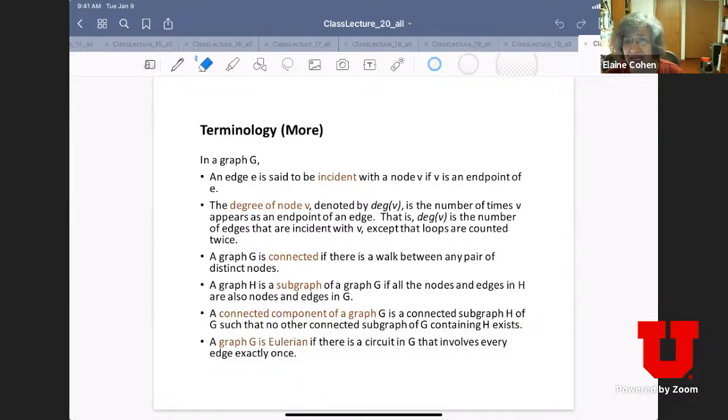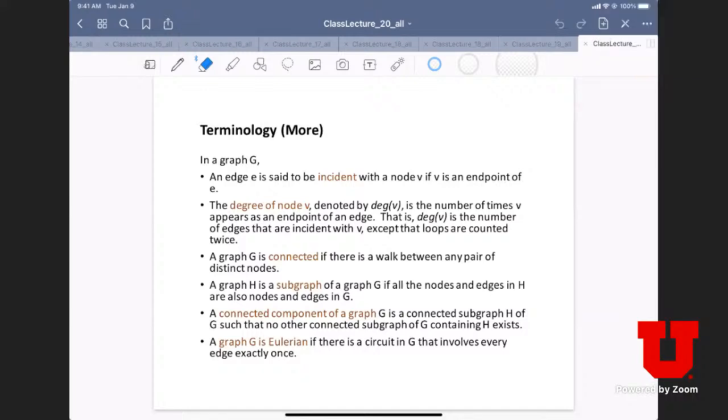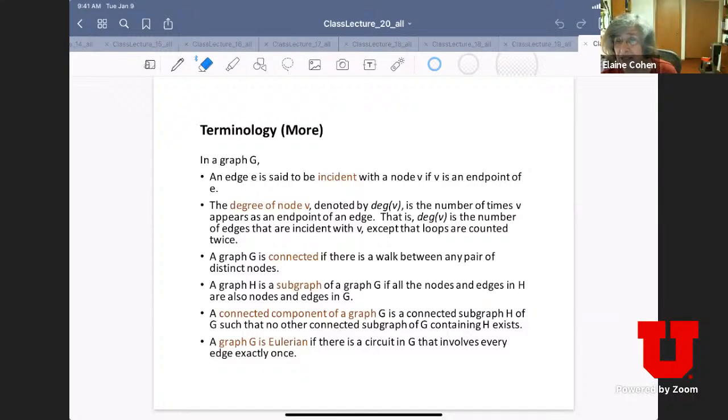If I can get from a vertex A to a vertex D, but I don't have an edge between them, if I have to go through B, I can go A to B to C to D, but I don't have an edge from A to D. That's valid as a connected part of a graph, but it is not part of an equivalence relation. Oh, I see. That makes sense. So you don't have to have every pair of things connected the way you do in an equivalence relation.